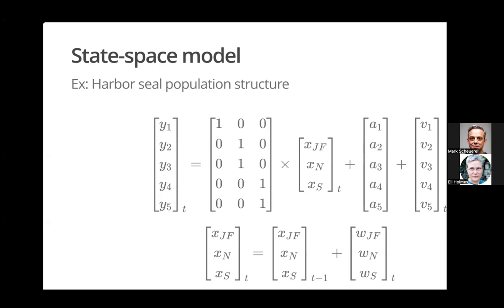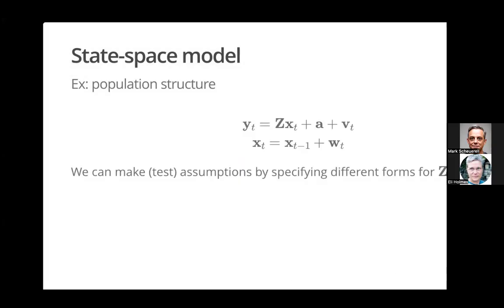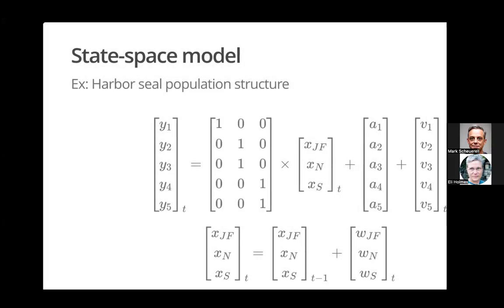This is just that model written out more explicitly, so we have 5 observations and 3 different states. We can fit this, and we can make Z a column of ones or an identity matrix and test different assumptions about how that metapopulation structure works.